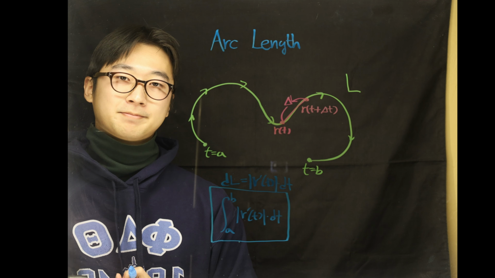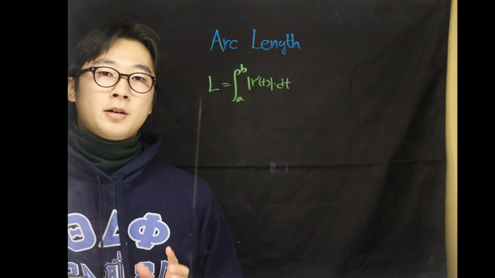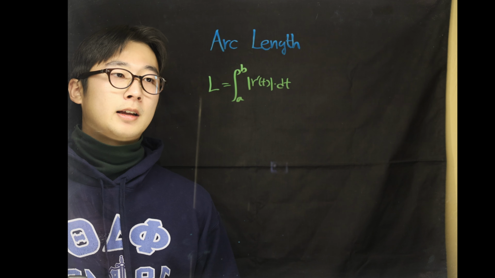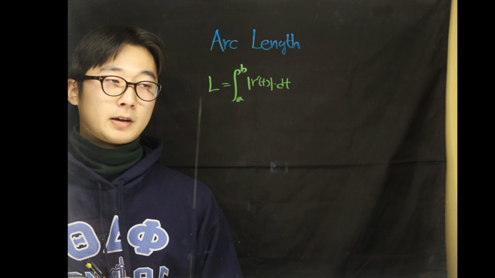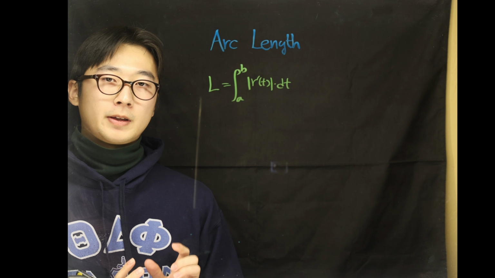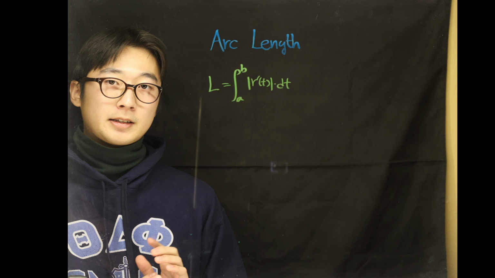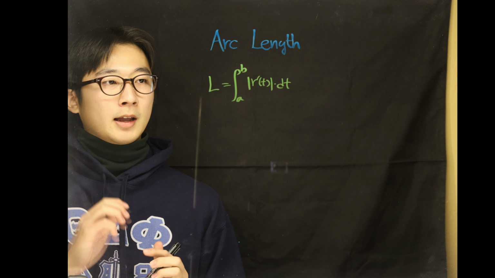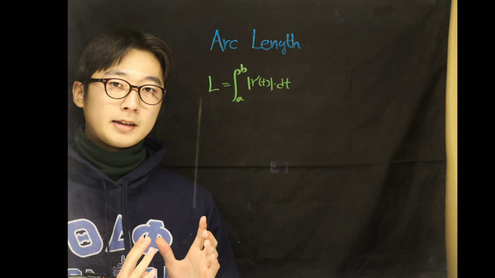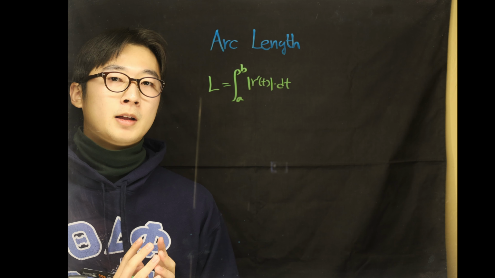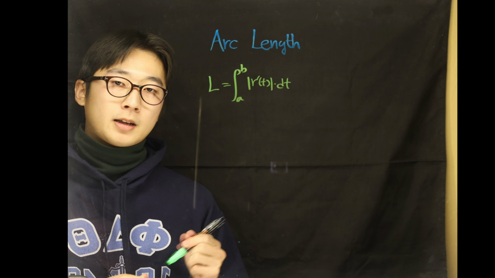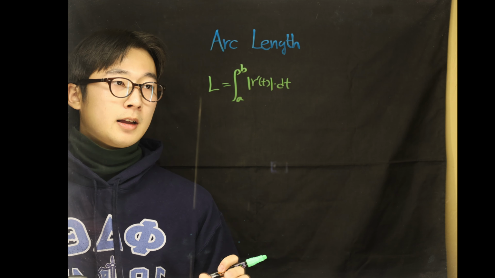Super interesting, right? All right, we just talked about how to find an arc length of any curve. It's just a summation of infinitely many tiny distances of a curve. Now, lastly, I really want to talk about one more thing. It's just a very simple thing.